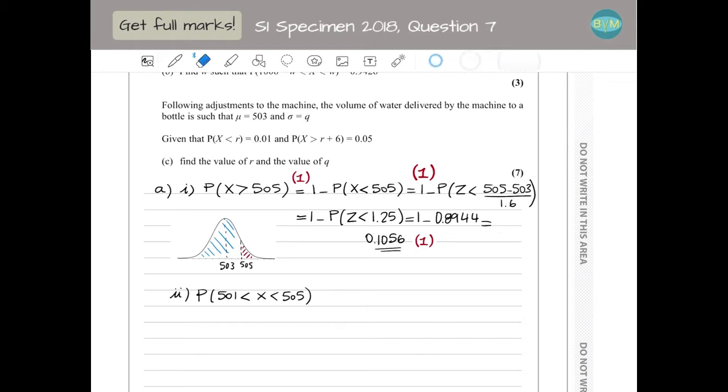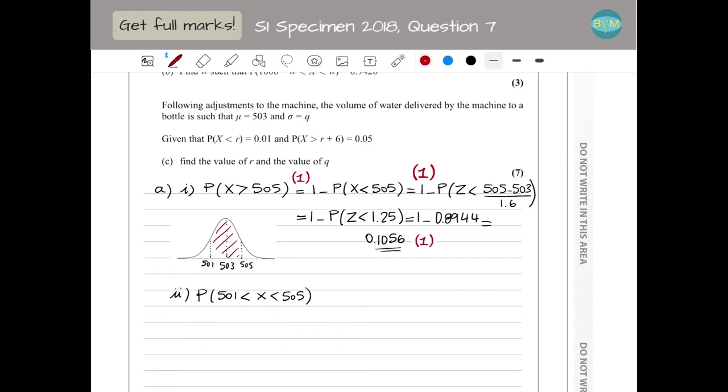If we clean this, let me just use the same graph. The mean is 503. We found 505 before, and 501 is symmetrical, so I have 2 to the left and 2 to the right of 503, and we need to find this probability.